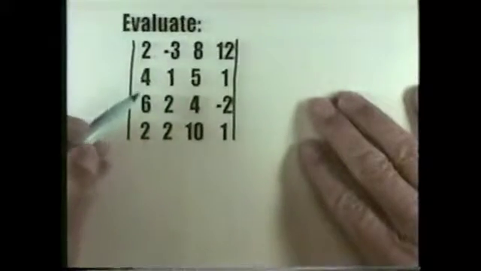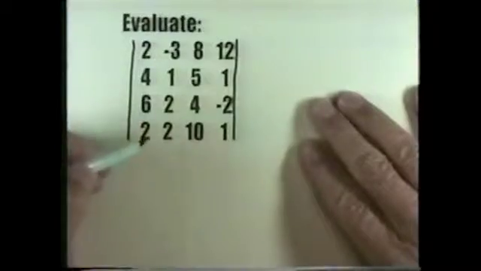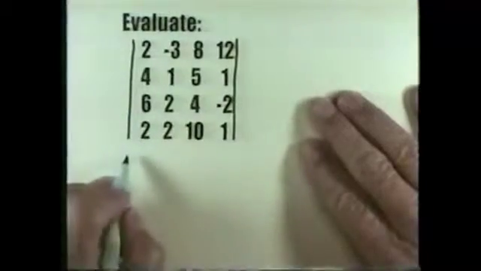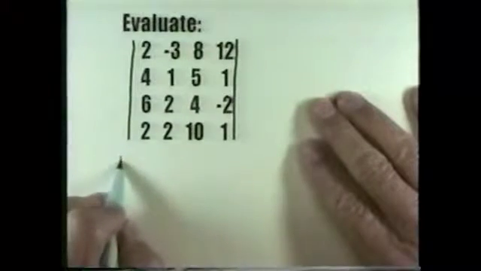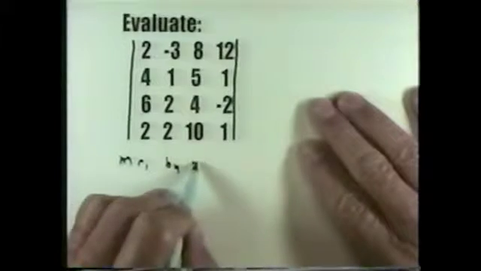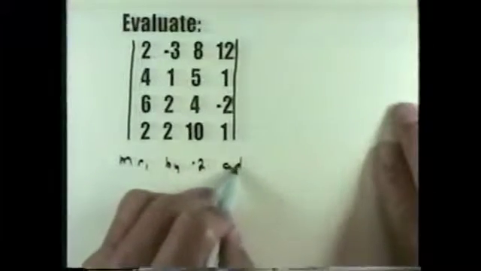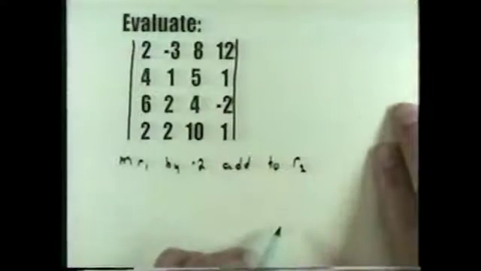What I'm going to do is to try to put zeros in the first column. So we can start, and in fact I think I'll do them all at the same time. I'm going to multiply row 1 by -2 and add to row 2.